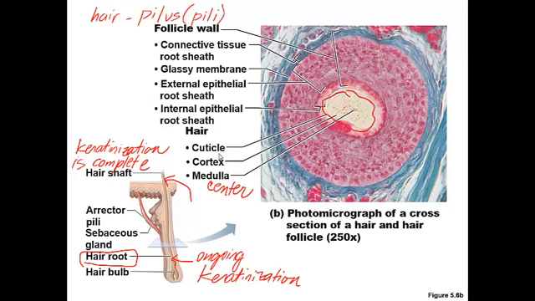Outside of that is the cuticle, the outermost portion, which forms a single layer of overlapping cells, kind of like the shingles on a roof. This is the most heavily keratinized part of the hair, so it's the strongest part, and it's subjected to the most forces, so it can wear away at the tip of the hair shaft and lead to split ends, which a lot of us are familiar with.